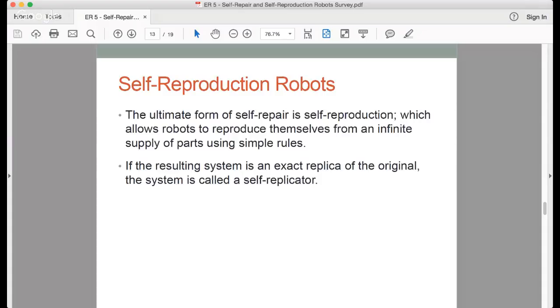Self-reproduction allows robots to reproduce themselves from an infinite supply of parts using simple rules. If the resulting system is an exact replica of the original, then the system is called a self-replicator because it generated an exact replica of itself.